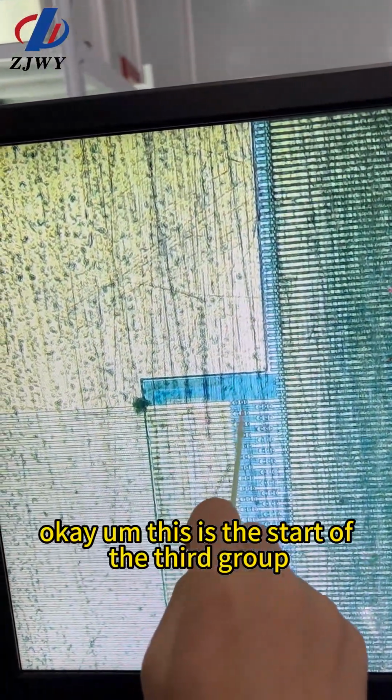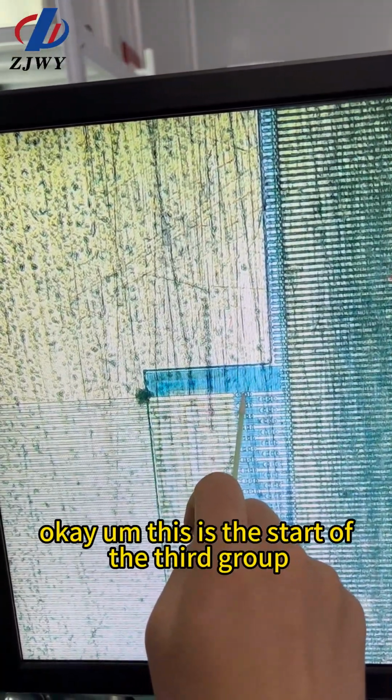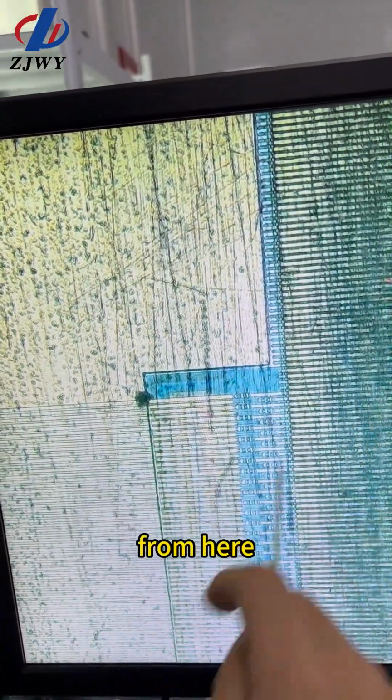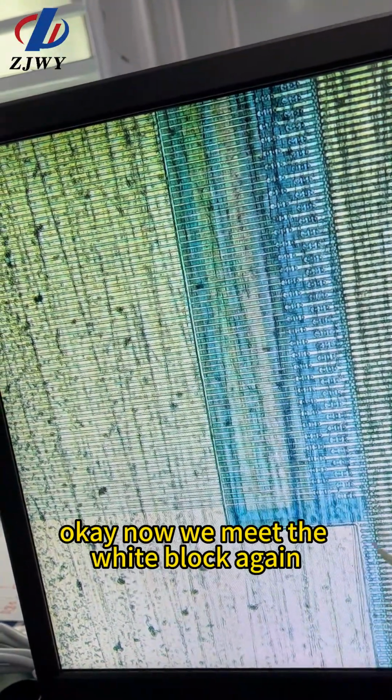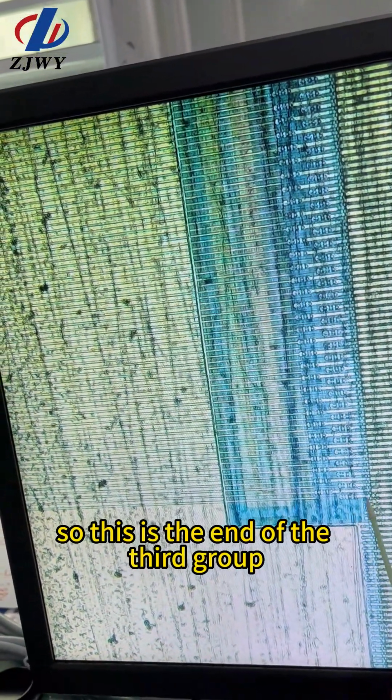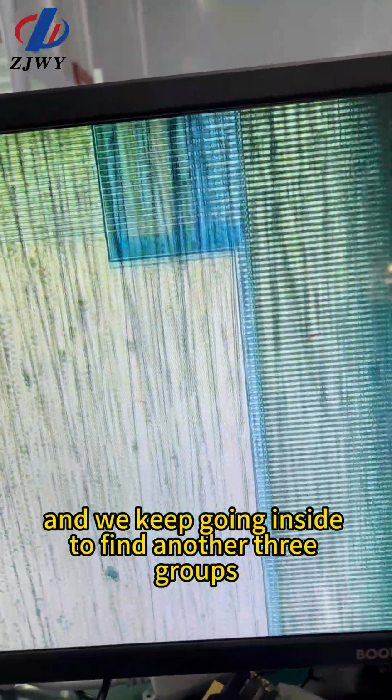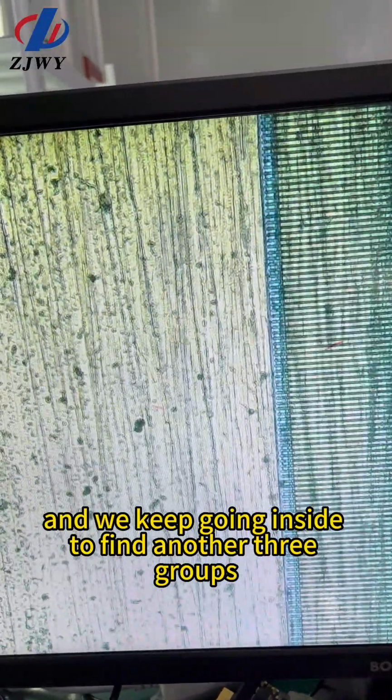Okay. This is the start of the third group from here. Okay, now we meet the white block again, the ground wire. So this is the end of the third group. And we keep going inside to find another 3 groups.